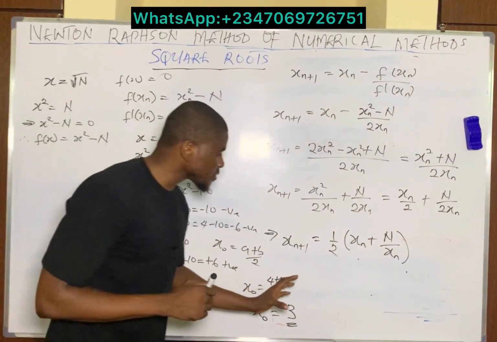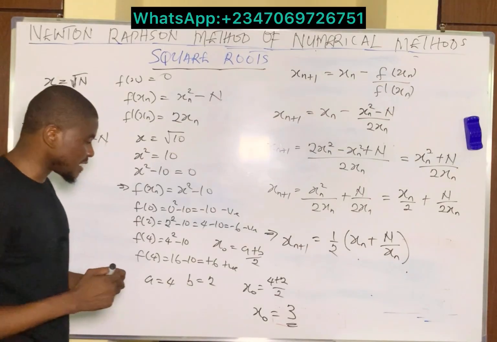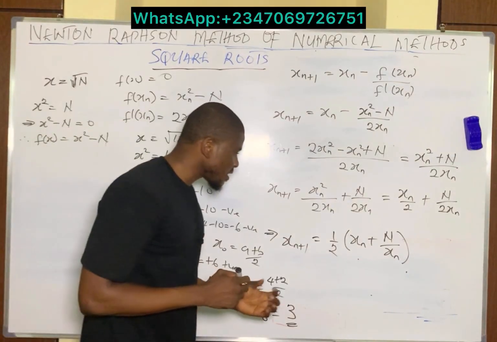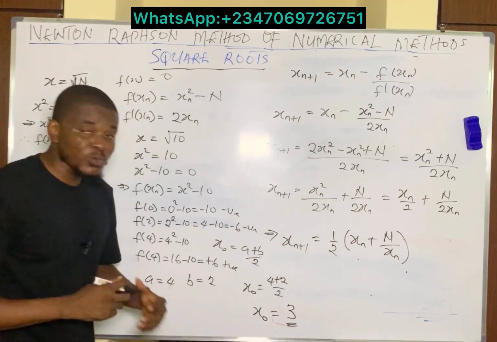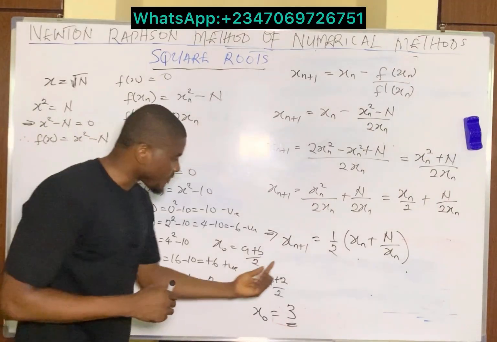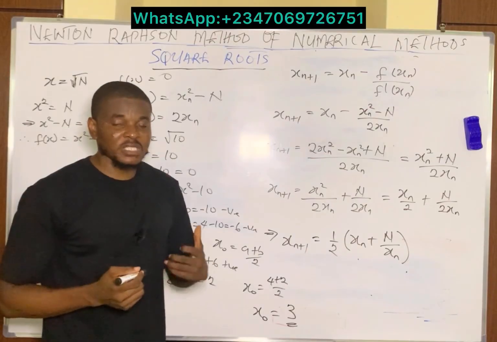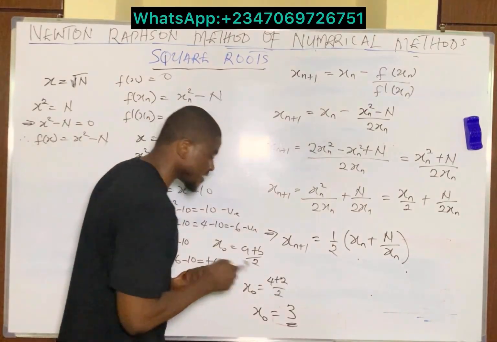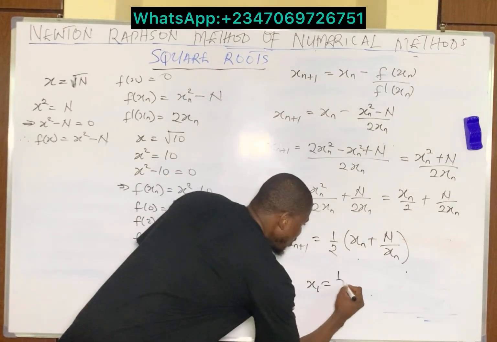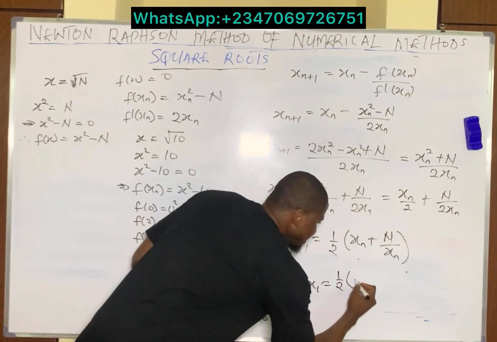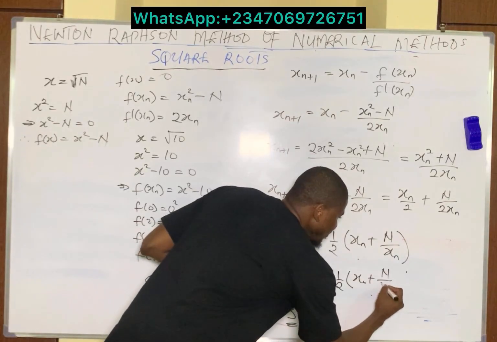Now, I want to use this equation to actually solve this question. The next thing to do is simply plug the values into this formula. This is x naught, which means n is equal to 0. So if I plug in n as 0, x n plus 1 becomes x0 plus 1, which is x1. That gives me my first iteration. x1 is equal to 1 over 2 into x naught plus n over x naught.